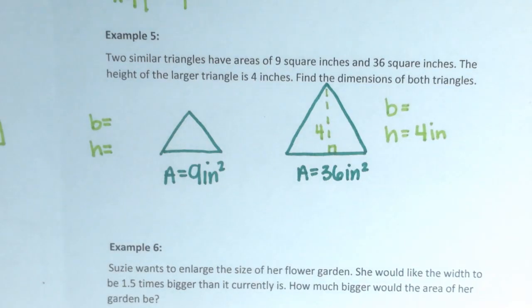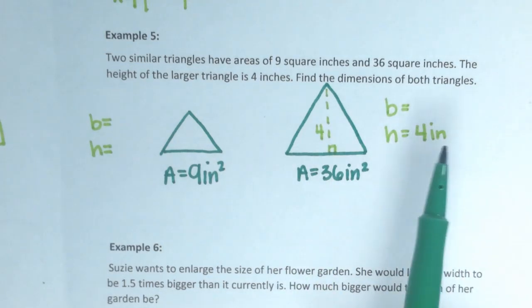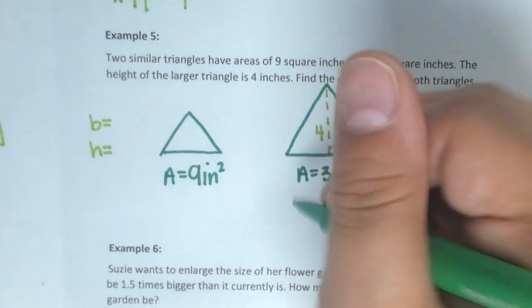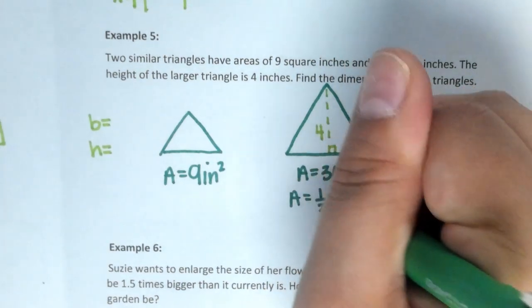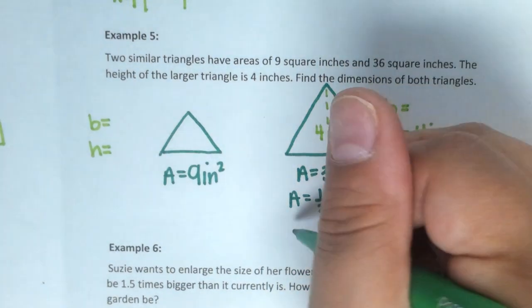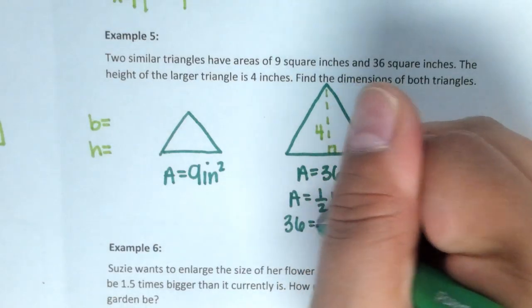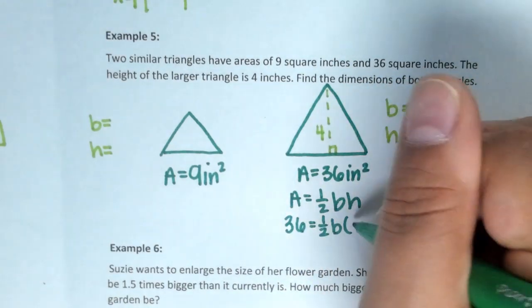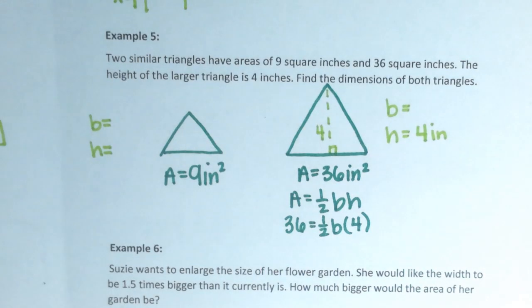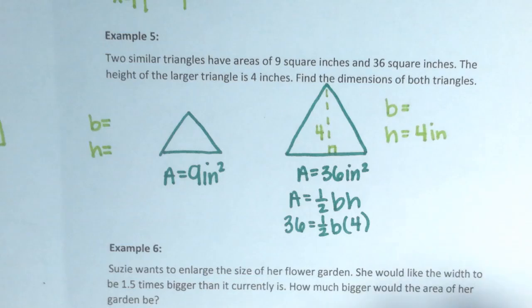Well, you have the height, and if you have the area, it'll be 1/2 base times height. Okay, hold on. I'm going to let everybody process. You can write it down. Jordan is right, though. I have the area and I have the height. What do we know about the area formula? It's 1/2 BH. So I can plug in 36 equals 1/2 B times 4. All you do is times 2 to get out of it.